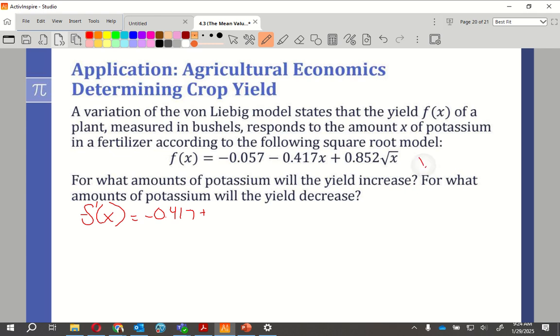Remember, this is going to be x to the 1/2. Taking the derivative, I take it out front, I divide this by 2. Right? 0.426 x to the negative 1/2, because I still got to subtract that.